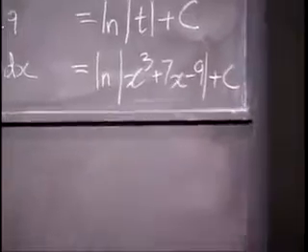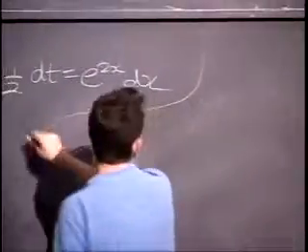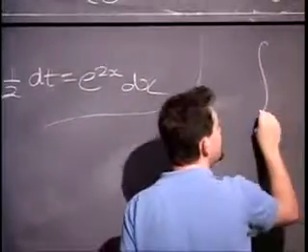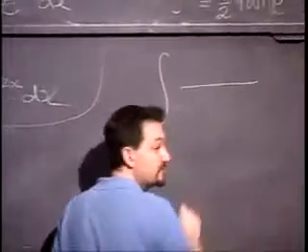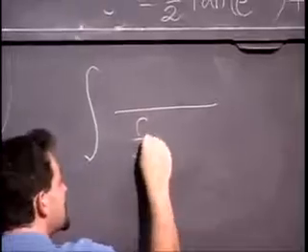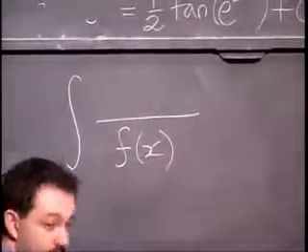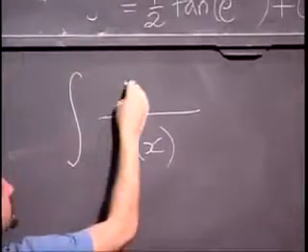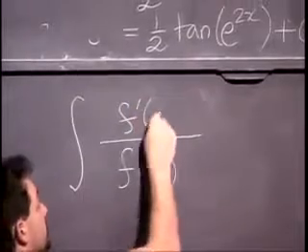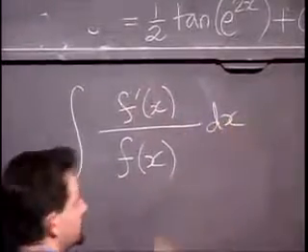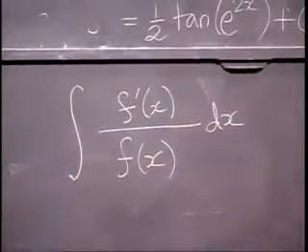Okay, this happens so often that it's worth writing it down as a boxed formula. If you have an integral which is a fraction, and you have a function on the bottom and the same function's derivative is on the top, exactly the same thing will work.